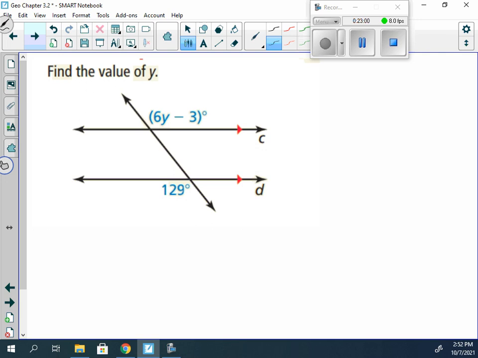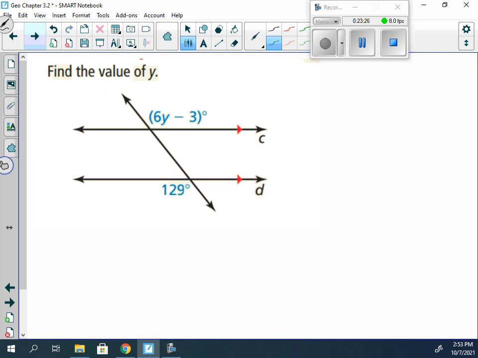These two angles are going to be supplementary. They add together to be 180, yes? Then 6y minus 3 and 129. These are alternate exterior, yes? They're both on the outside and on opposite sides of the transversal, so they are congruent.